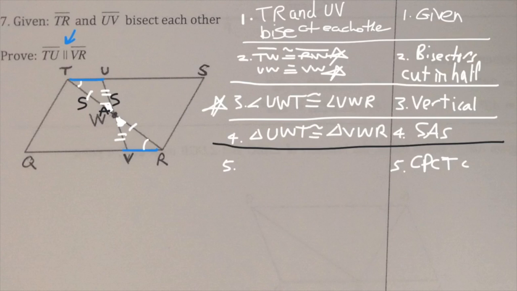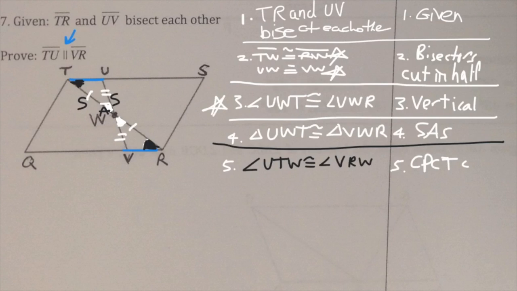So I can prove that these black angles are congruent from the simple idea that if the triangles are twins, then every part in one triangle must be equal to a part in the other. So that's CPCTC. So the black angle UTW is the same as angle VRW.